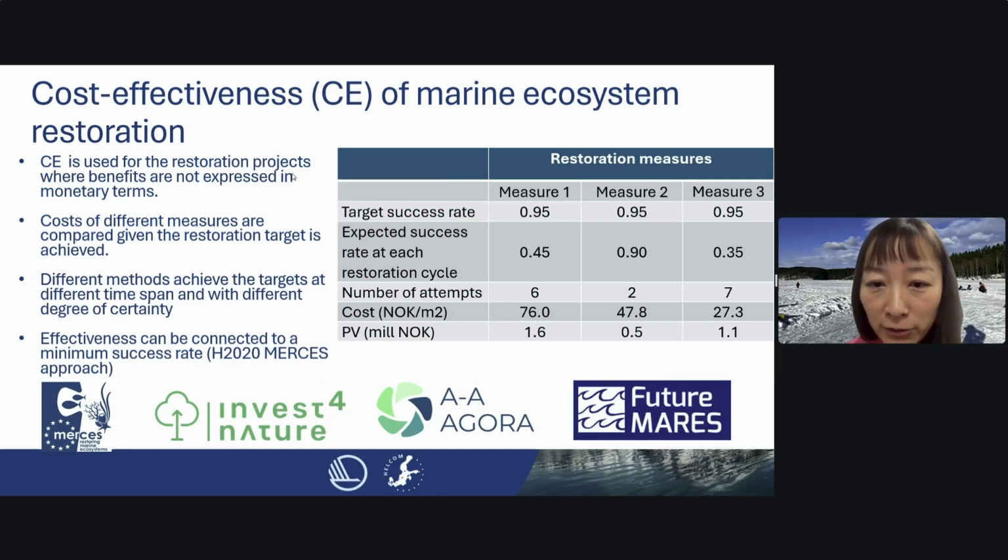But considering the number of attempts we need, the total cost is still lower than measure 3, where the cost is low but the success rate is low for each attempt. So we need more attempts, and the total cost will be high under measure 3.